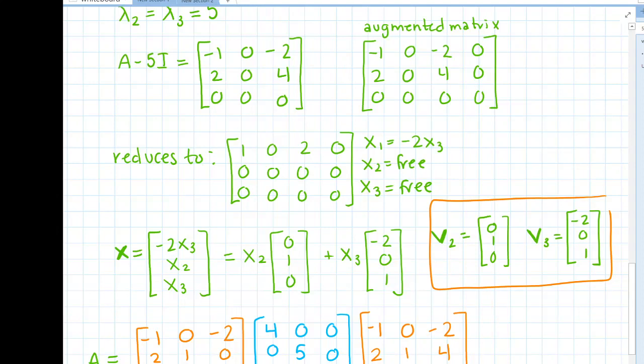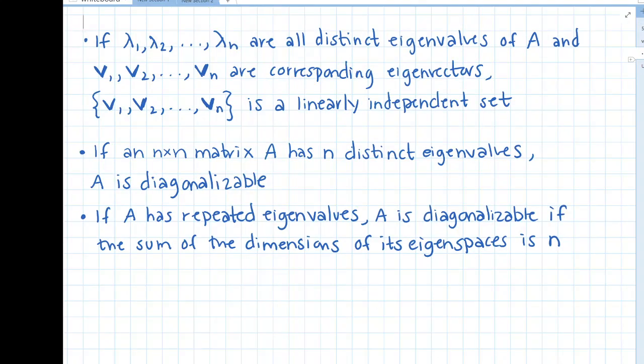And so 1 plus 2 gives you 3. Whereas on the example from the worksheet, you had 2 one-dimensional eigenspaces, and that doesn't add up to 3. So that's really all it's saying. The dimension is the same as the number of linearly independent eigenvectors that you come up with when you're going through this process. So just a more formal way of saying that.